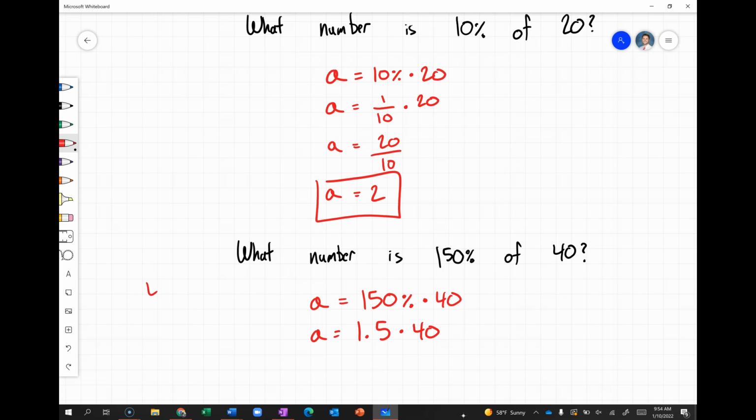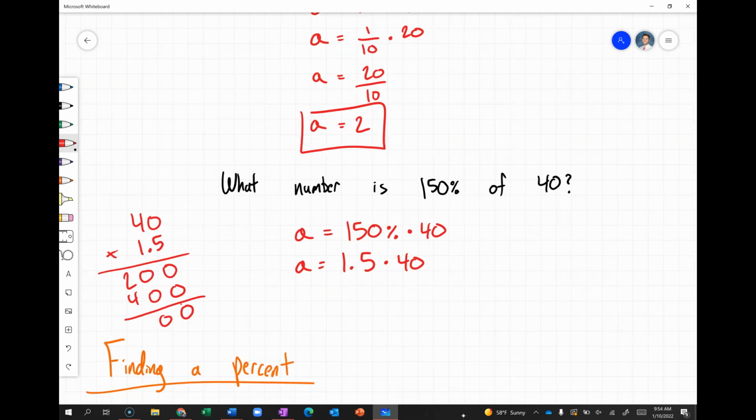Let's show our work over here. That's going to be 60. 5 times 0 is 0. 5 times 4 is 20. 1 times 0 is 0. 1 times 4. So we get A equals 60. So 60 is 150% of 40.